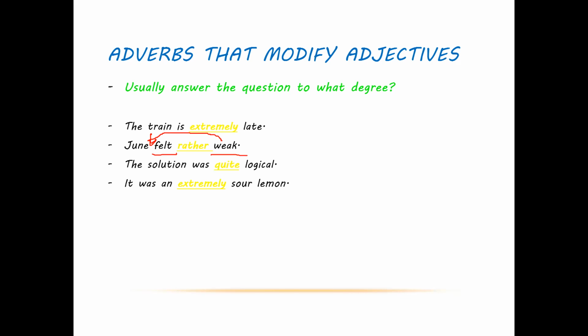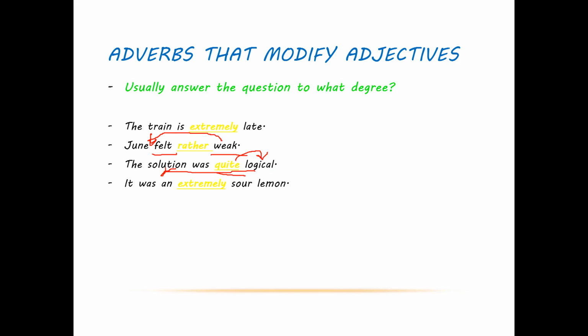The solution was quite logical. So it means it modifies the word logical. And logical is an adjective which modifies the solution. Okay? Logical naman yung solution. However, since we added the adverb quite, it weakens the statement.